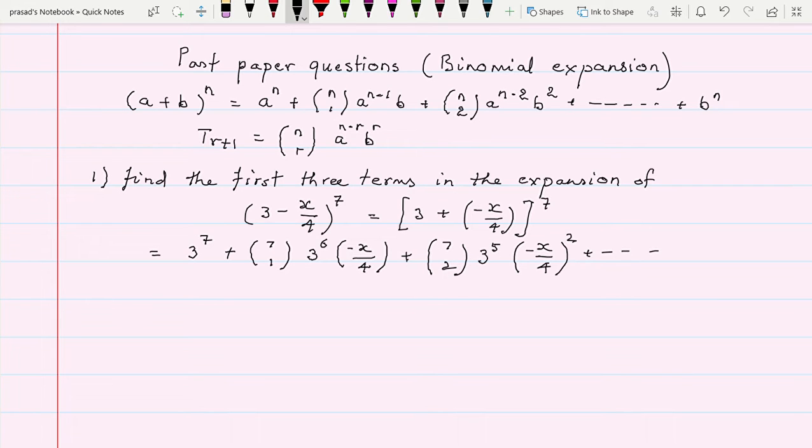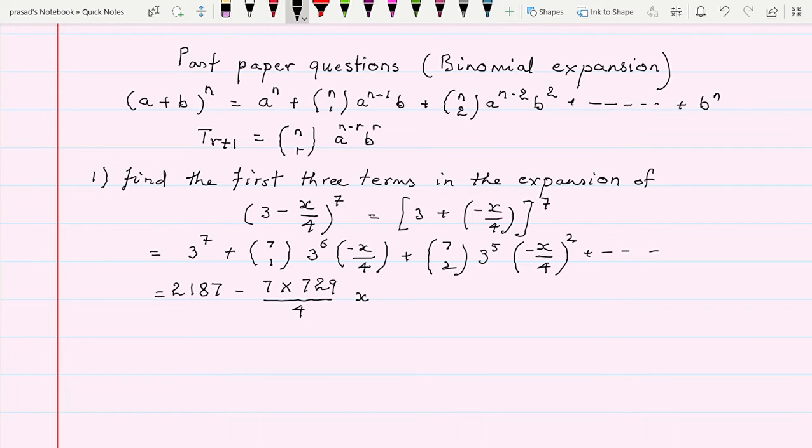So now simplify this. 3 to power 7, that is 2187. What will be the sign of the next term? Positive into negative, that is negative. So 7c1, that is 7 into 3 to power 6, 729 divided by 4 into x.